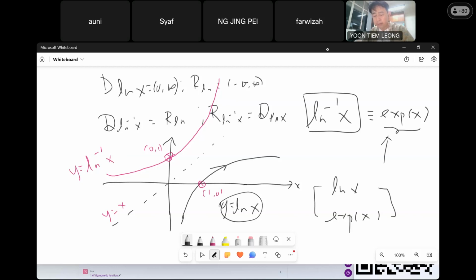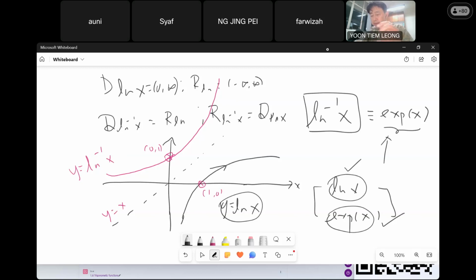In this sense, the exponential function is defined based on the logarithmic function. As long as the logarithmic function is defined, you can reflect it about the y equals x line to obtain its inverse, which is the exponential function.